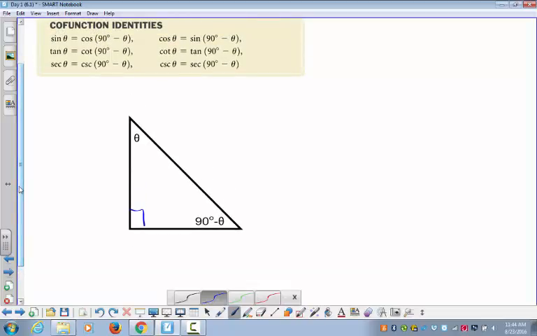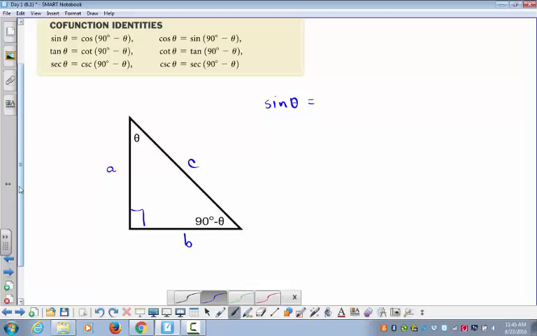So let's just confirm that this is true. Let's use some letters. Let's call this side A. Let's call this side B. Let's call this side C. Well, let's just notice. If we find the sine of theta, sine by definition is opposite over adjacent?